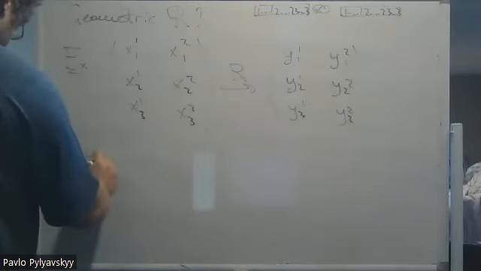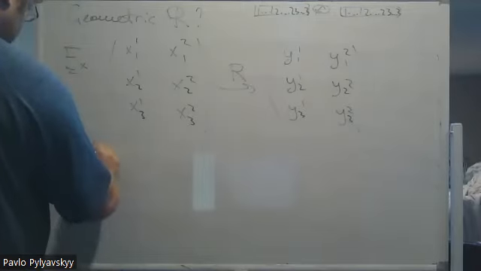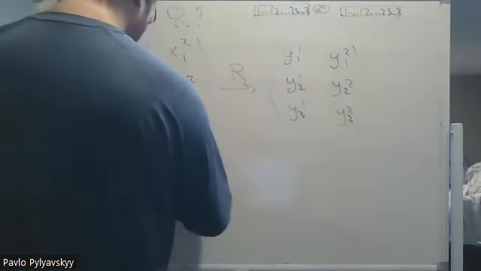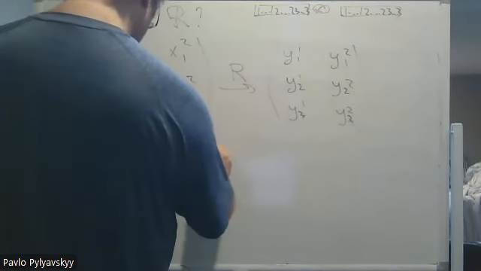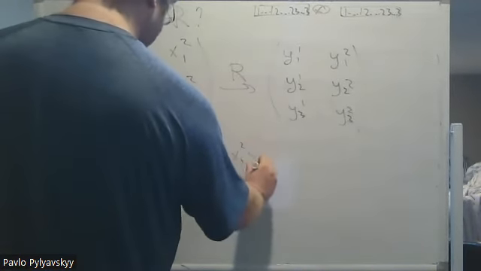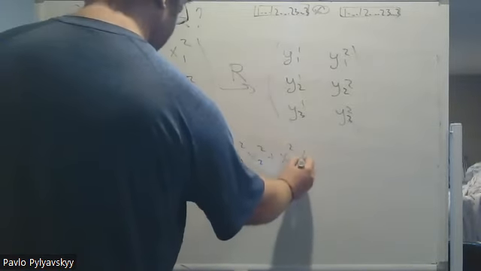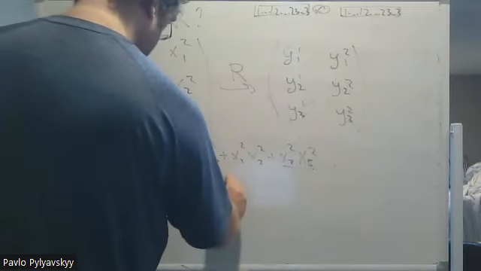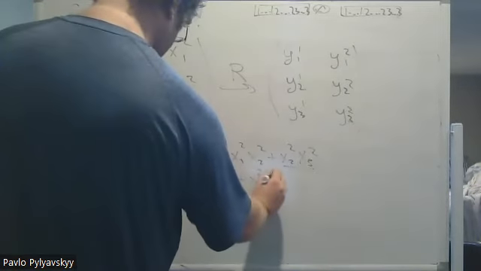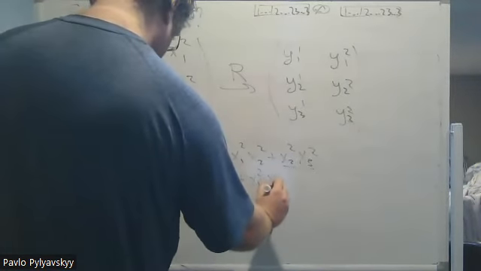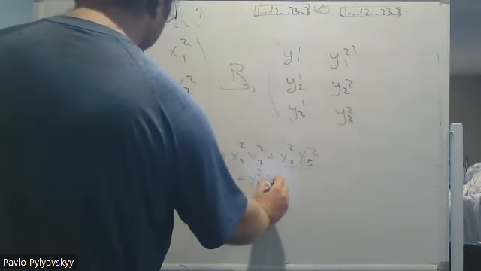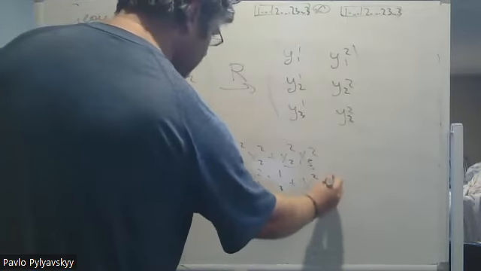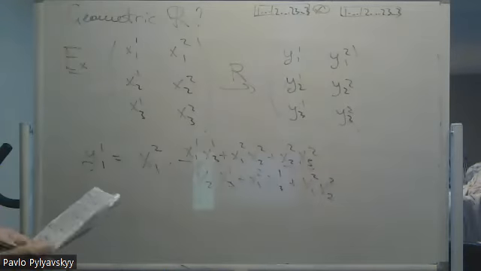I'll just write one of them so you can see how it looks. y11 would be equal to x12 times something like this. Hopefully I didn't make a mistake, but something like this.